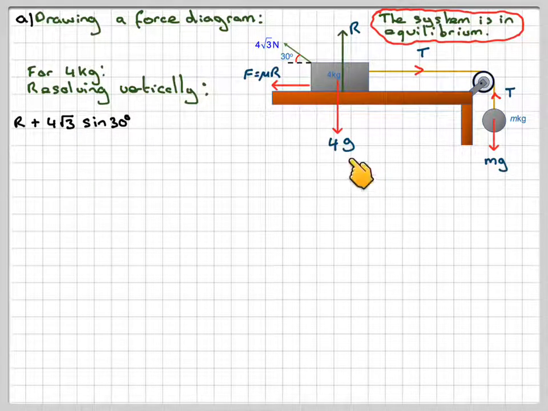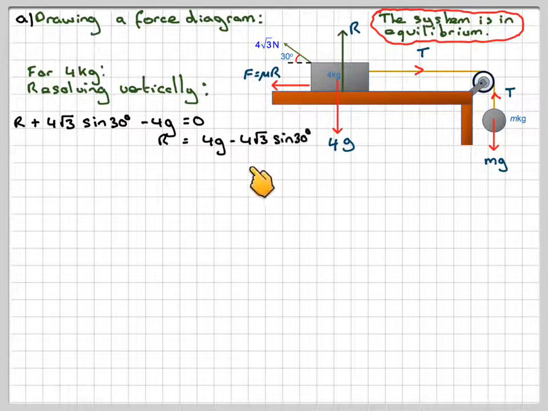Acting downwards is 4g, so that one's negative, and it's equal to 0. So R is equal to 4g minus 4√3 sin 30. Sin 30 is a half, so we get 4g minus 2√3.